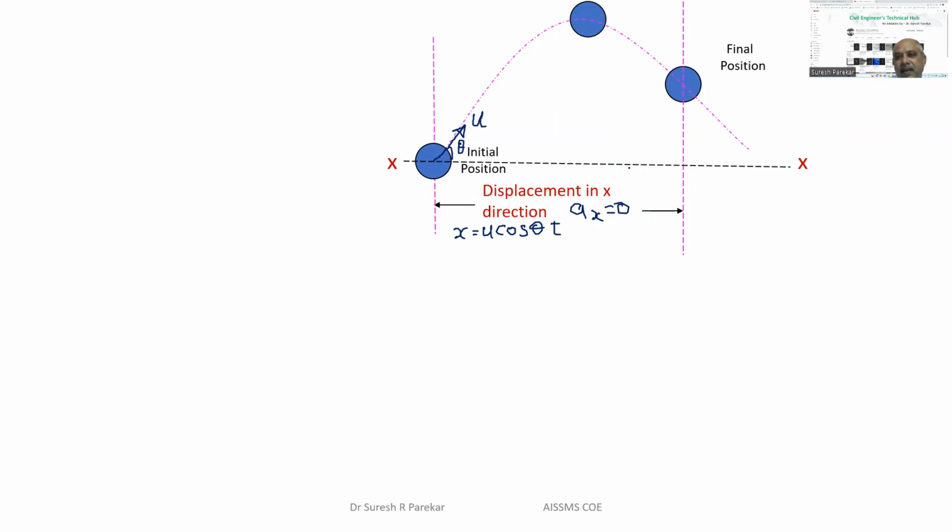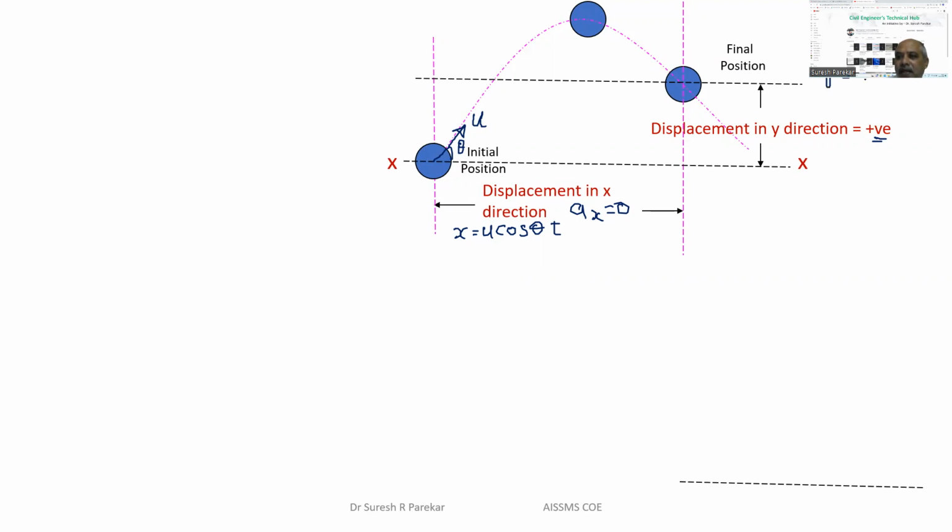Now in y direction, we have this as initial and this as final position, so we have displacement y positive. And then we have to accordingly solve the problems using the three equations which we have seen just now: vy equal to uy minus gt, and y equal to uyt minus half gt square.